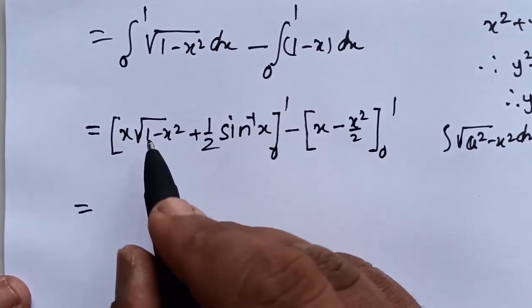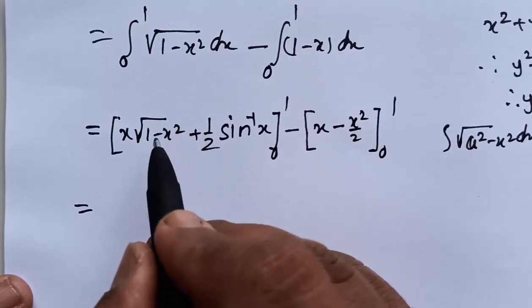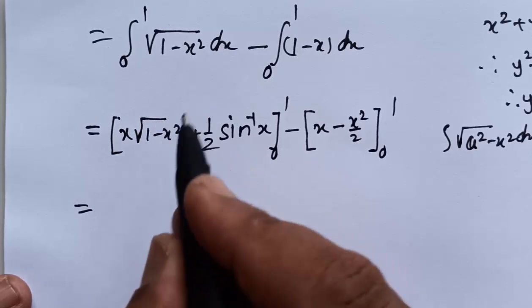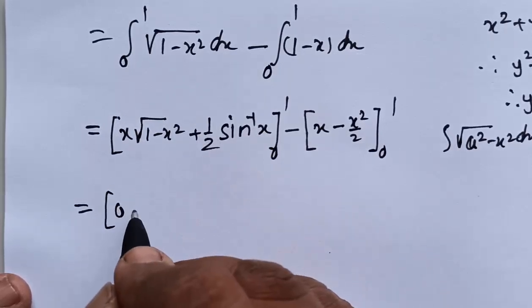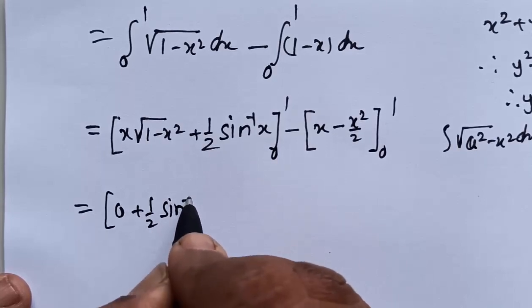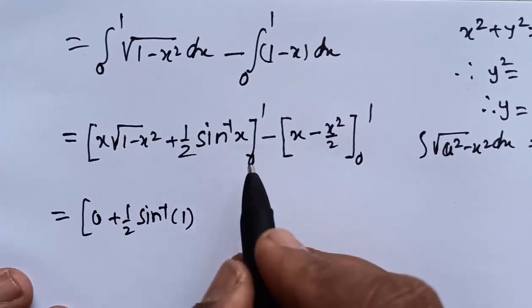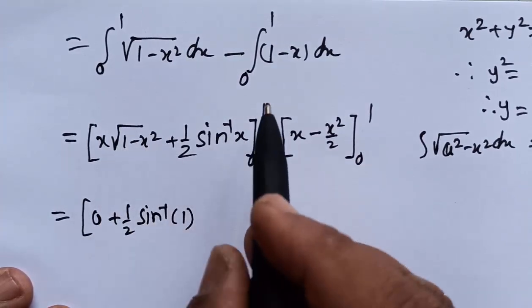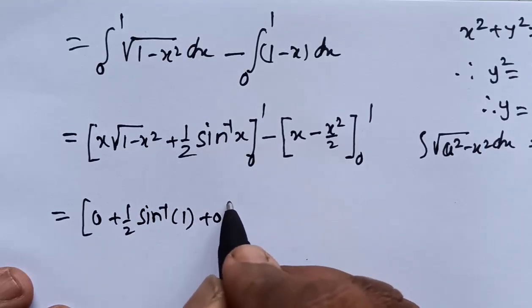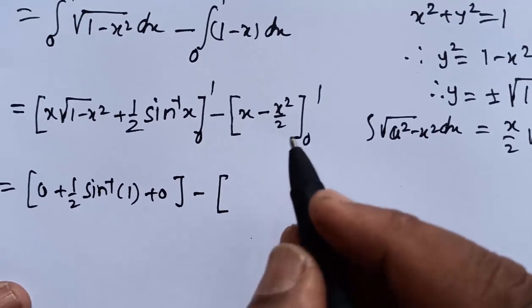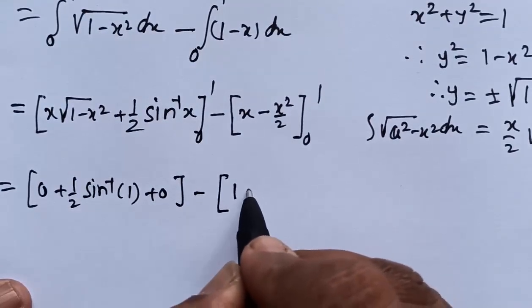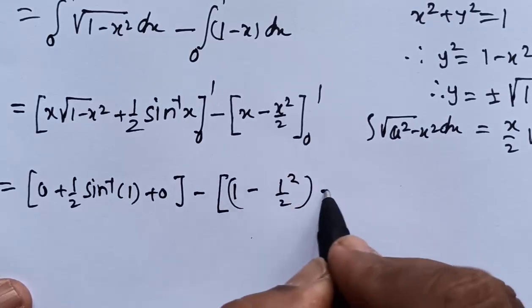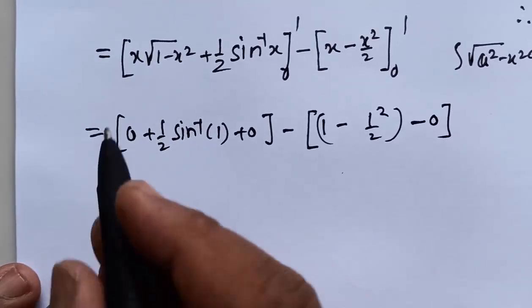Putting x is equal to 1, under root of 1 minus x square becomes 0, so this term becomes 0, plus 1/2 sine inverse of 1. Now putting x is equal to 0, this quantity becomes 0, sine inverse of 0 is 0, so the whole term is 0. Minus, putting x is equal to 1, it is 1 minus 1 square upon 2, and putting x is equal to 0, the whole term is again 0.